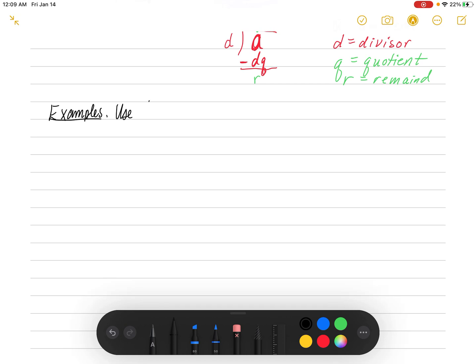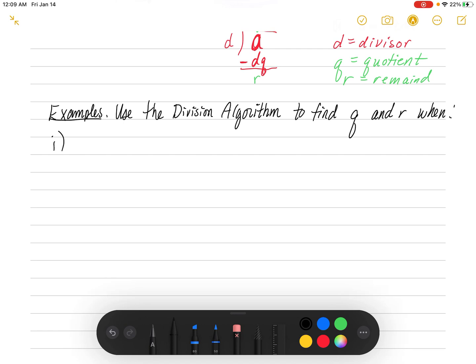Use the division algorithm to find q, the quotient, and r, the remainder. Let's say a is 20 and d is 3.